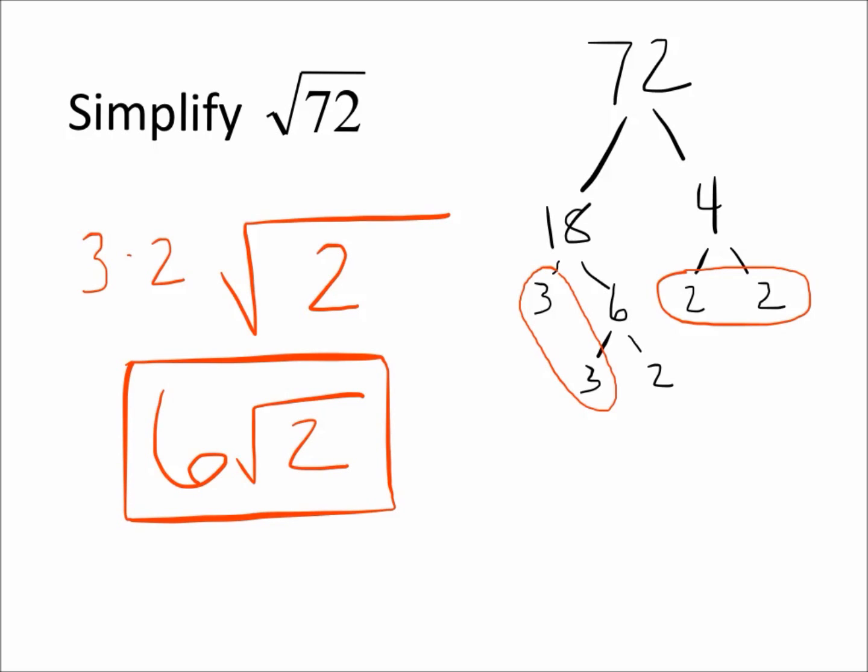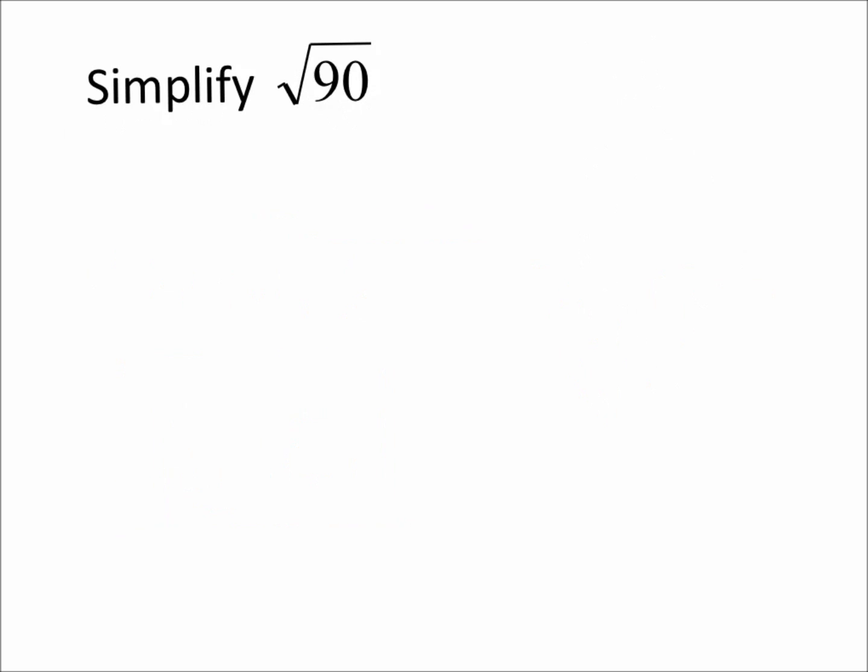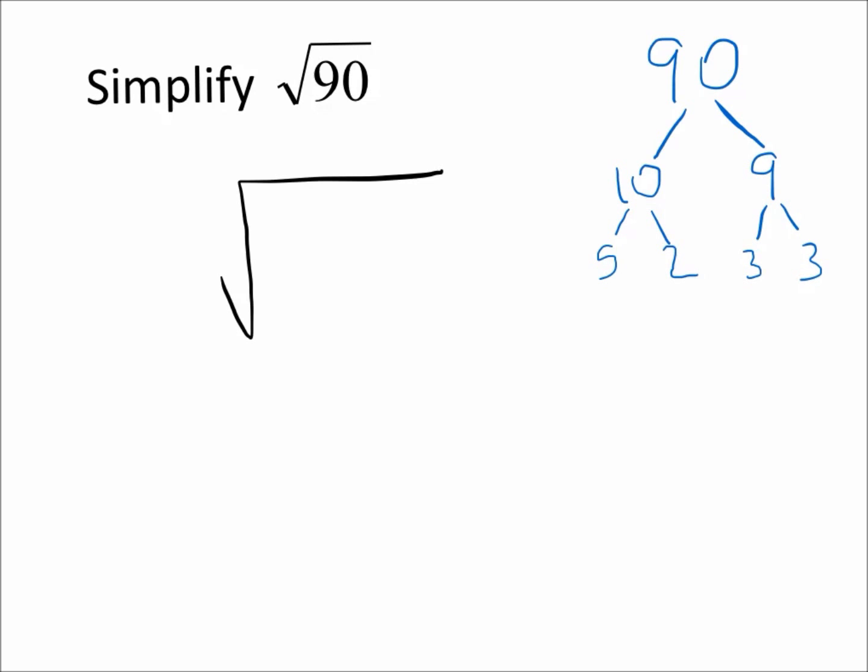Let's see one more simplify, and then we'll go and try a U-try. Here we have the square root of 90. So again, I'm going to make my factor tree. 90, I know that 90 is 10 times 9. 10 is 5 times 2. And 9 is 3 times 3. So now I need to figure out what I can put outside, what has a group of 2, and what I can put inside.